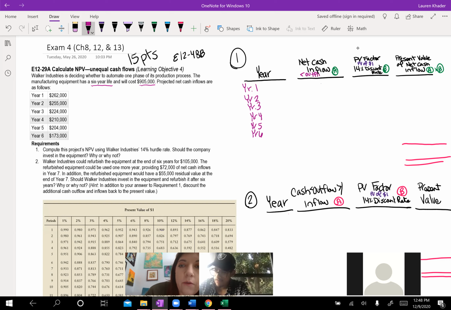If it was a cash outflow, it would be a negative amount. So 262 in year 1, 255 in year 2, 224 in year 3, 210 in year 4, 204 in year 5, and then the last year, 173,000.